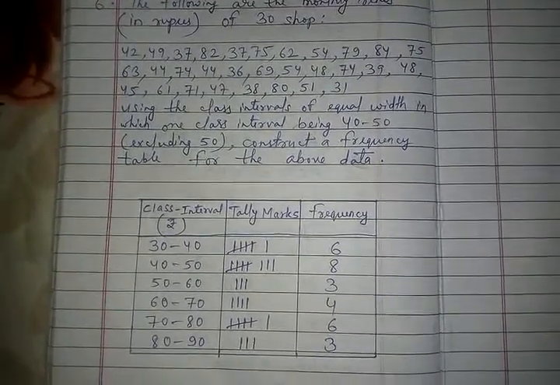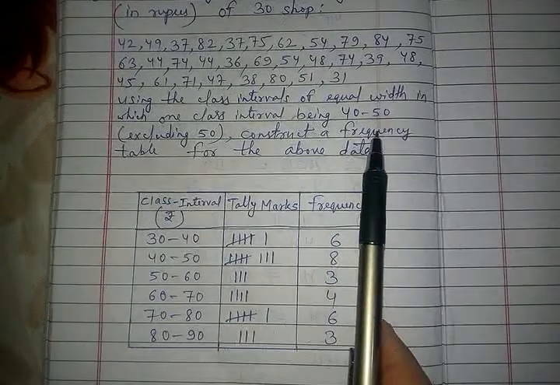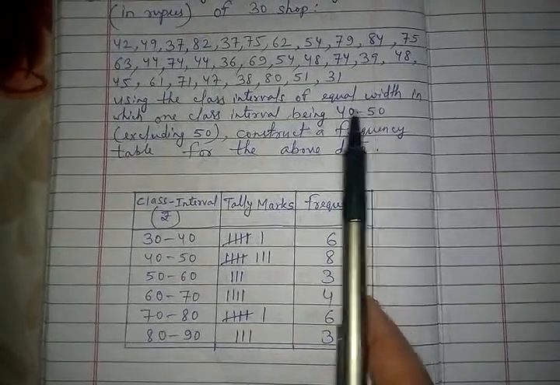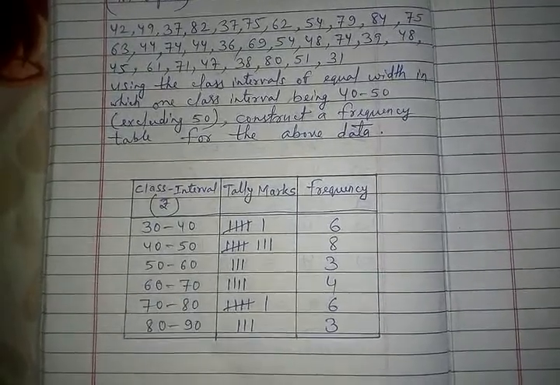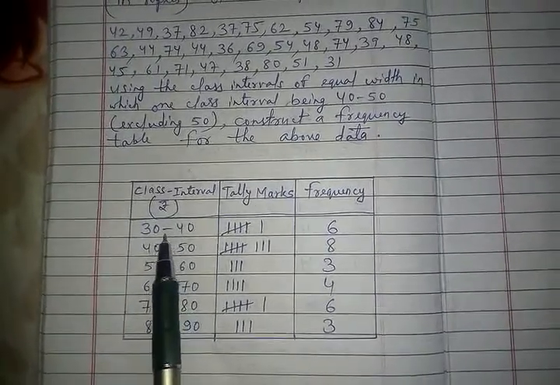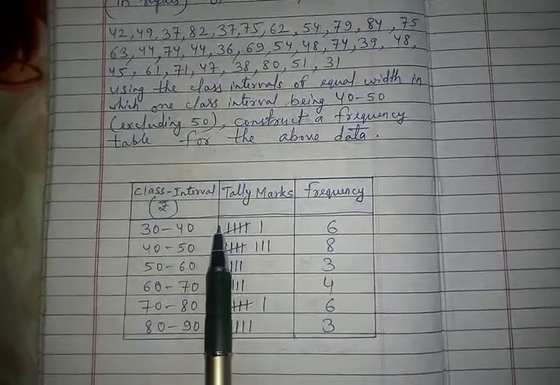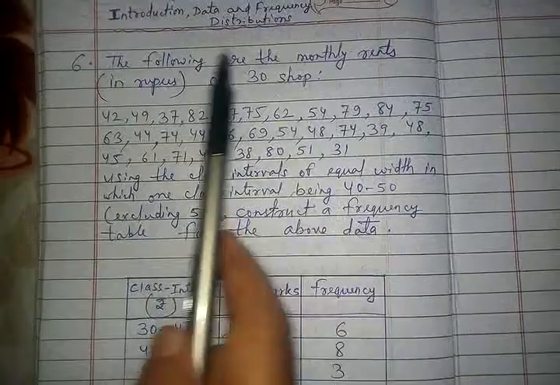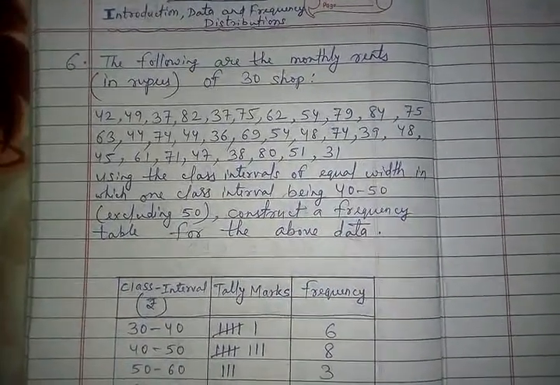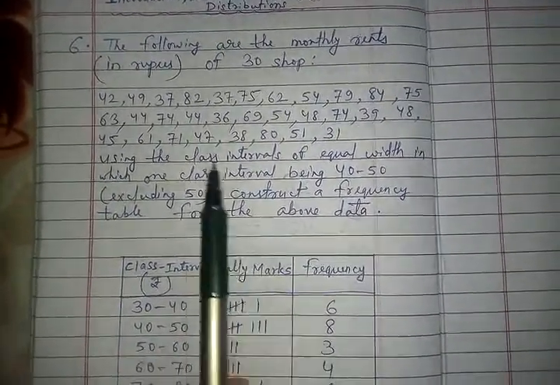Now 40 to 50 means one of the class interval is 40 to 50, but you can see I have begun from 30 to 40. Now you might be asking, sir, how to understand from where to begin and where to end? Then let me tell you, from this 30 datas, which is the least value, first you need to check.